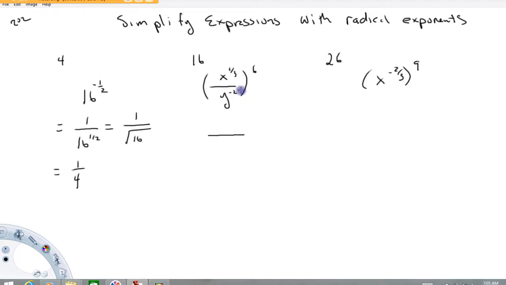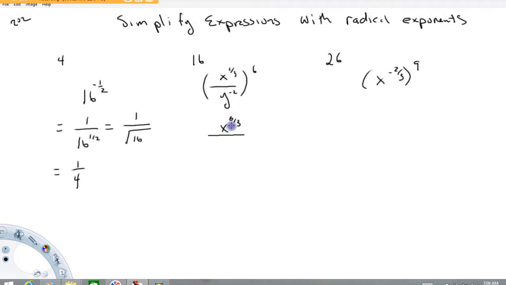So in the top of our fraction, when we take x to the 1/3 and raise that to the 6th power, that's going to give us x to the 6 over 3 power. Remember that when you raise a power to a power, you multiply your exponents. Exactly what this means is we have x to the 1/3 times x to the 1/3, six of these in all.